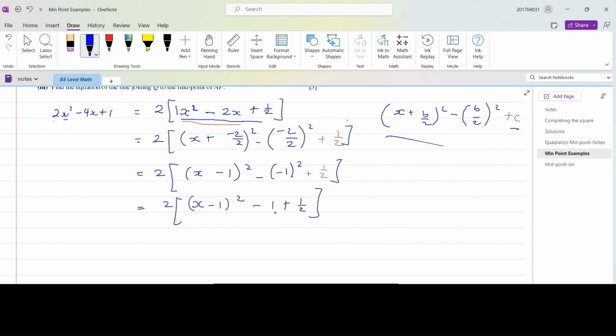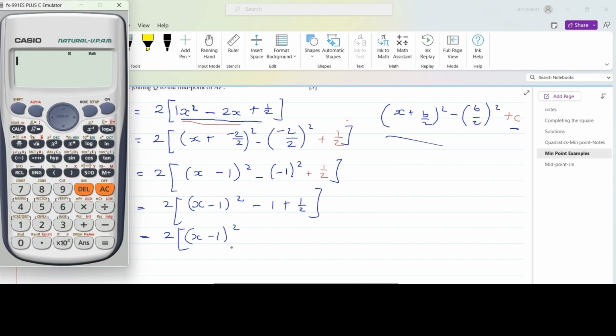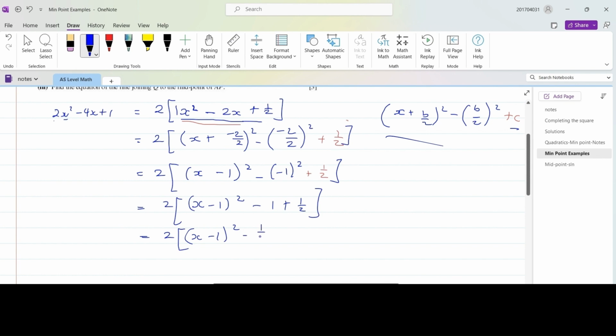Let's punch the constant part in the calculator: negative 1 plus 1 over 2. That gives us negative half. I'll write that, then close our square bracket.